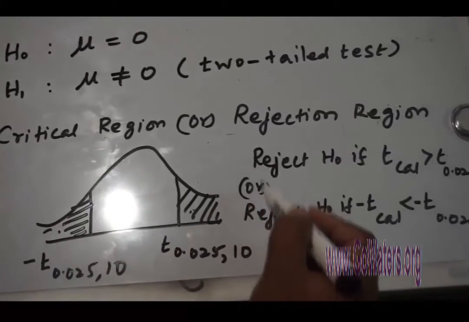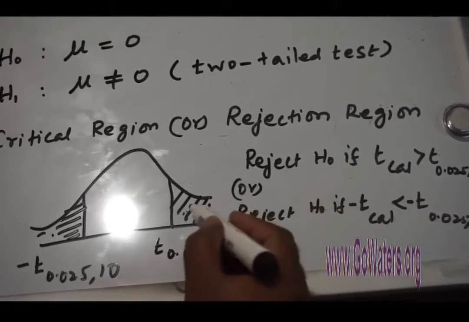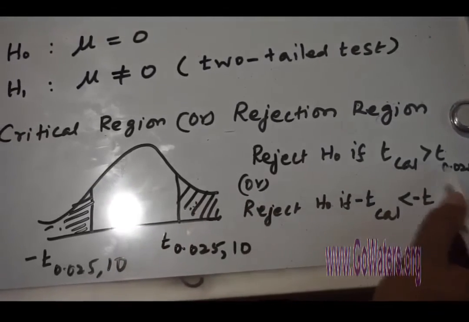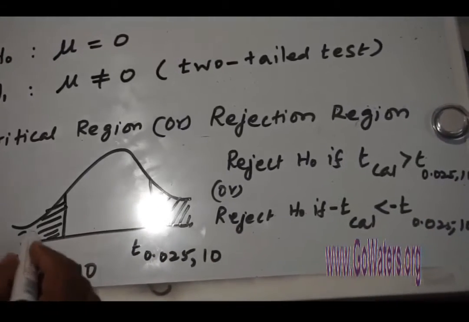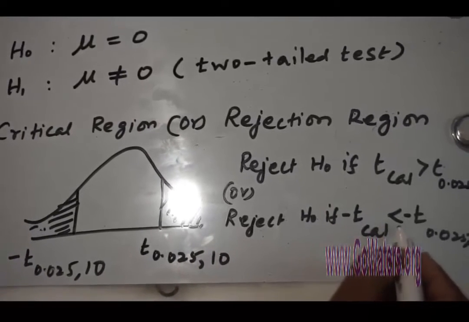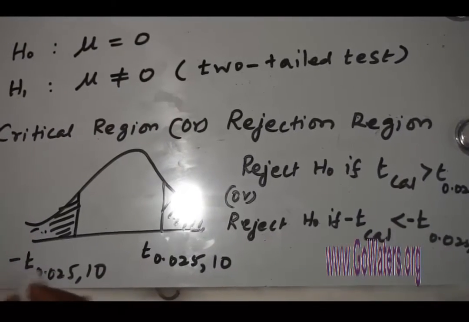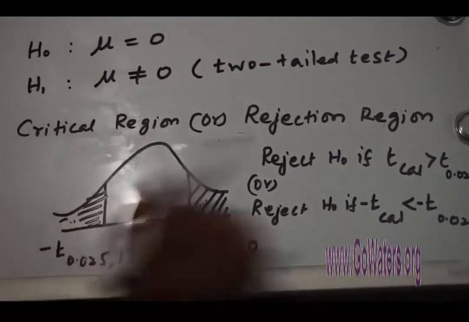That's the statement I wrote here. Reject H0 if T calculated value falls here, that is, calculated T greater than T 0.025, comma 10. On this side, it will be negative: reject H0 if negative T calculated is less than negative T 0.025, comma 10. Hope this is clear.